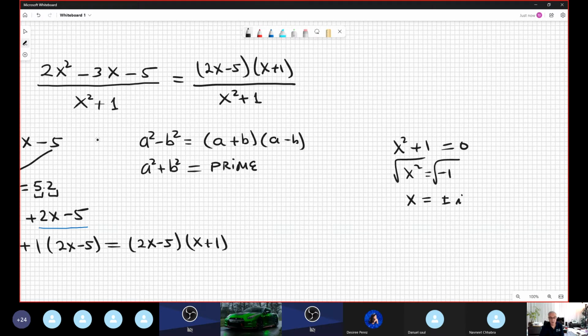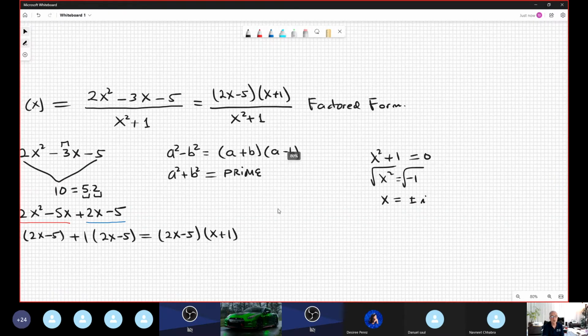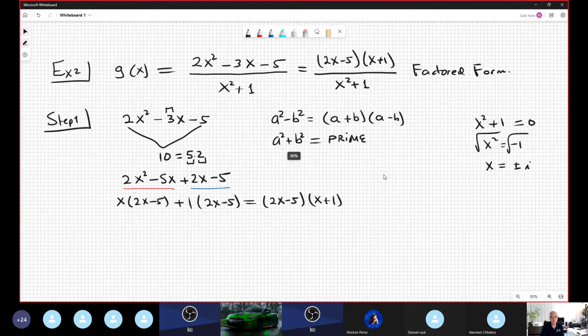If the solution is imaginary or complex, it's because the polynomial in the real field is impossible to factor. Okay? Now leave it at that. This is the factorization. I finish step 1. Unfortunately or fortunately, I don't know, we have no hole because we cannot simplify anything here. No hole.